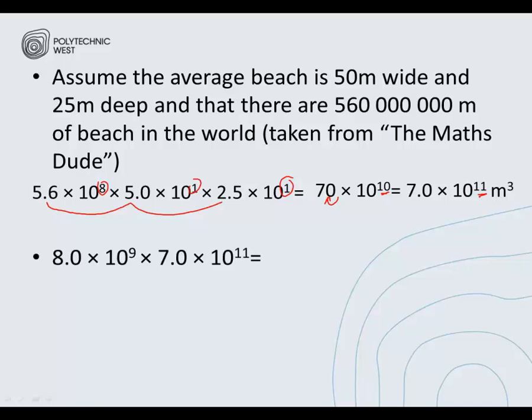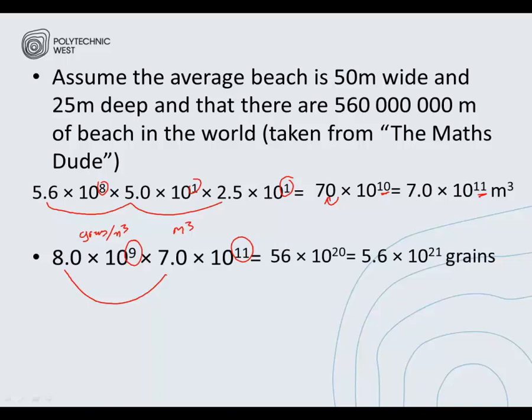Now this is the number of grains per cubic metre, and this is the number of cubic metres. Multiplying those two together, the cubic metres cancel out and we just end up with grains. So we multiply 8 by 7 and we add the exponents. 8 by 7 is 56. 11 plus 9 is 20.